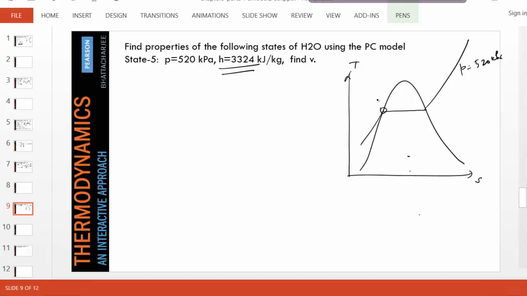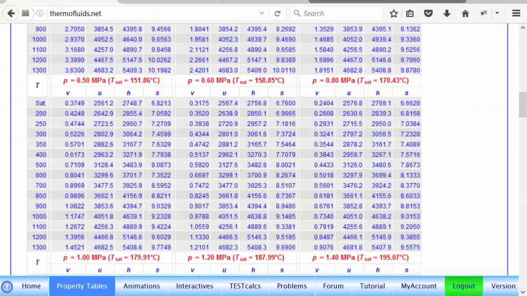So what we do, we should find the enthalpy of F at a pressure of 520 kPa and the enthalpy of the G point at 520 kPa. We actually did that in the last problem, so let me just write them down. Enthalpy we found was 650 and 2750. Let me just make sure they're right.